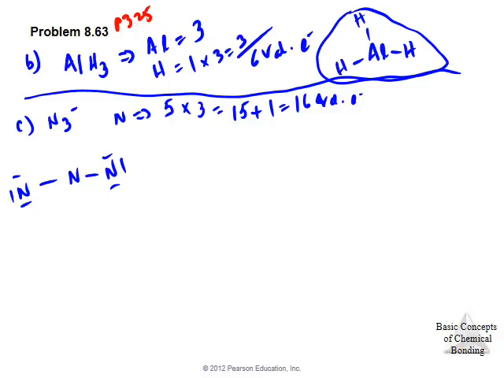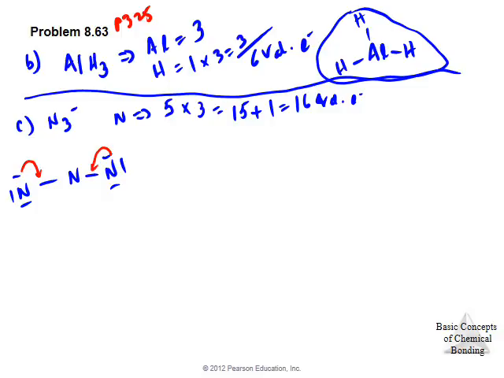Now what about the central atom? The central atom doesn't have 8 electrons, and we do not have any additional electrons to place on it. In this kind of situation there are several things you can do, and that gives rise to three possible structures, which we call resonance structures. I can bring a pair of electrons from this end to in between, and from the other end to in between.